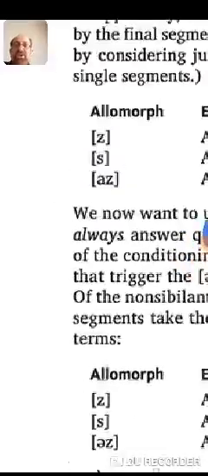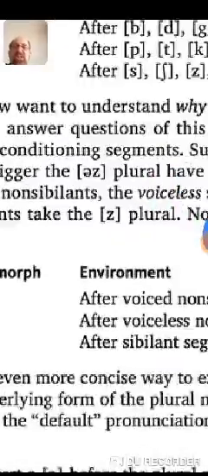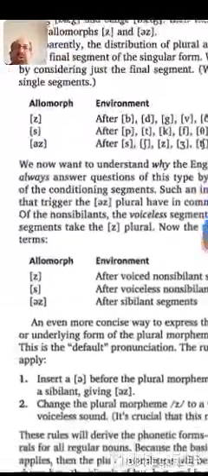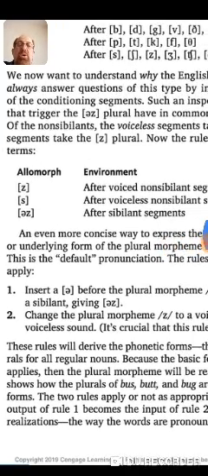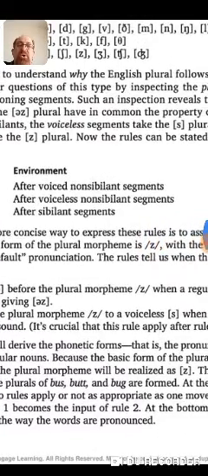So first of all we look at rule number 1, and next we look at rule number 2. Rule number 1 wants to add a schwa, and rule number 2 says all sounds that are voiced need z. All sounds that are voiceless need s.